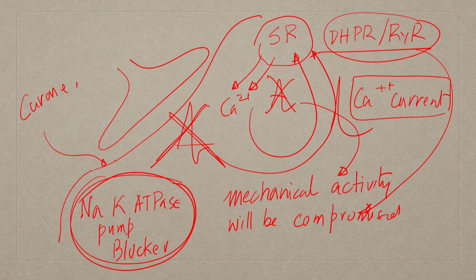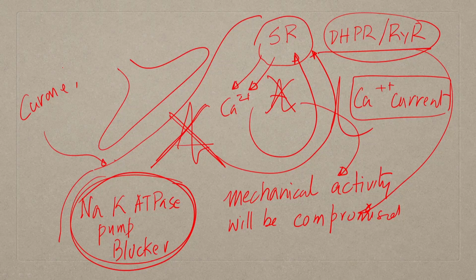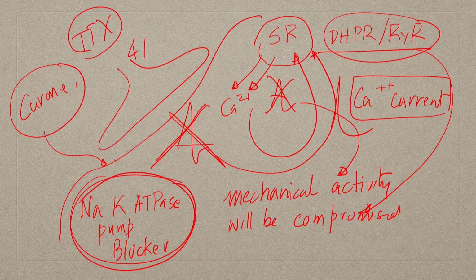So, that must give you an idea how sensitive the human body is and how many different ways you can create problems for the system. And most of these agents, whether we are talking about curare, TTX, or 4-AP, are all regulated compounds.